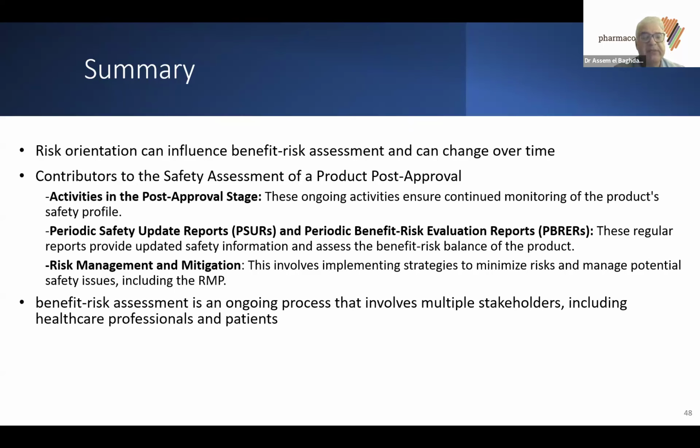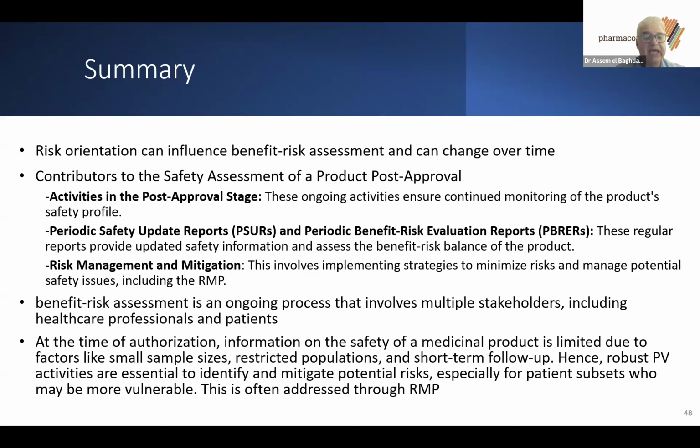Benefit-risk assessment is ongoing. As we said, it is not written in stone. It's a living document, and you have to add in or take out. At the time of authorization, information on safety is limited, and we know that because of the smaller sample size of the clinical trials, and also the restricted population because of the protocol.